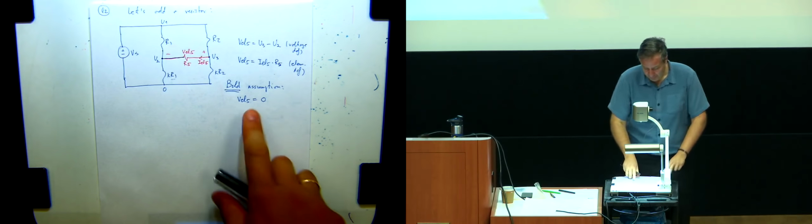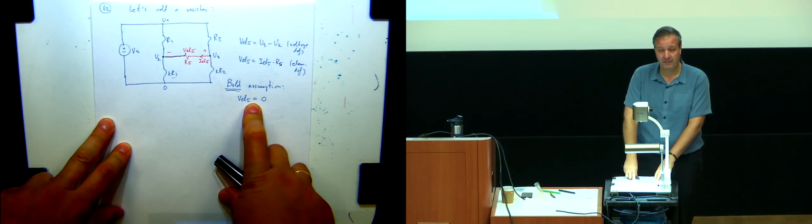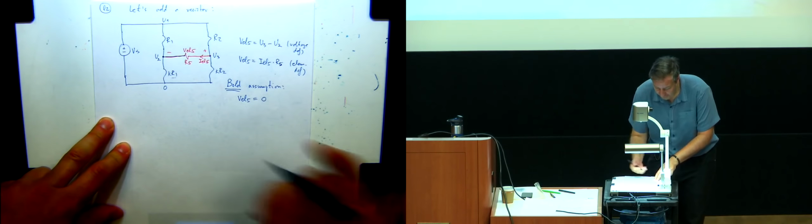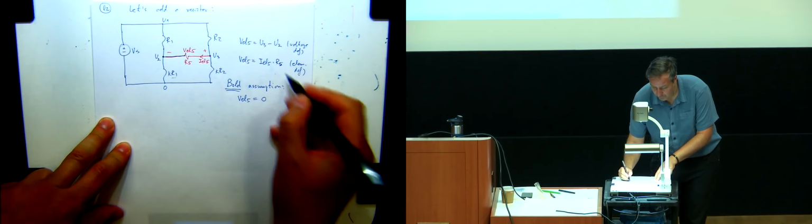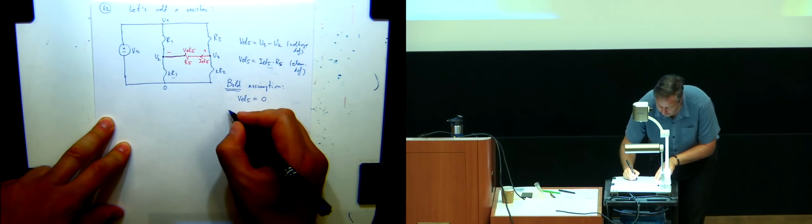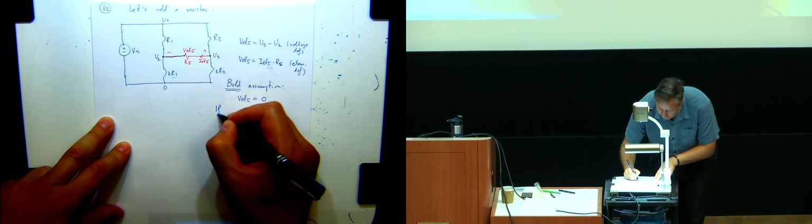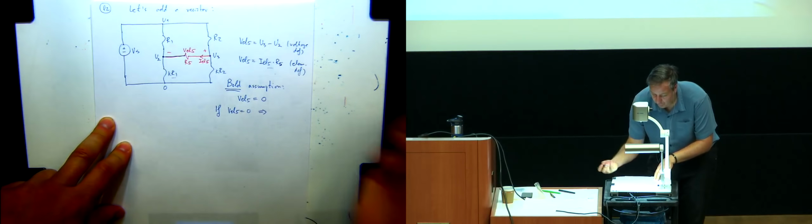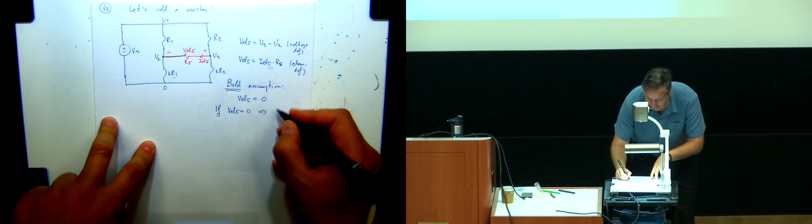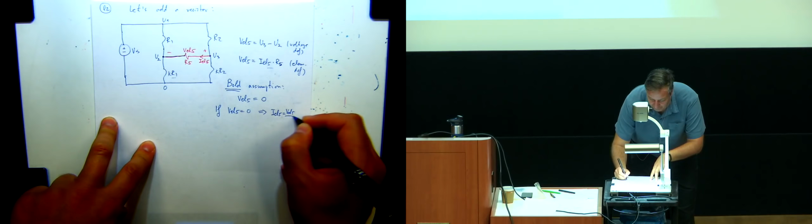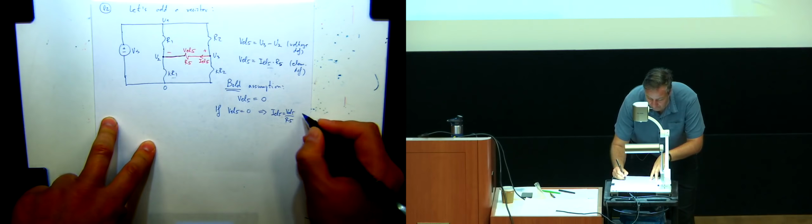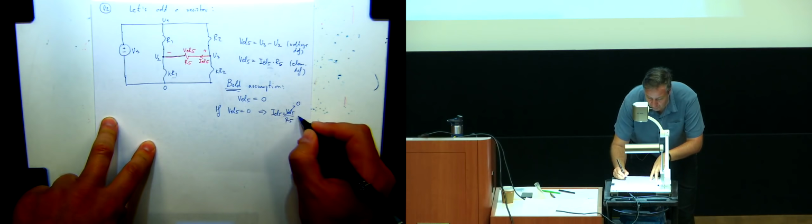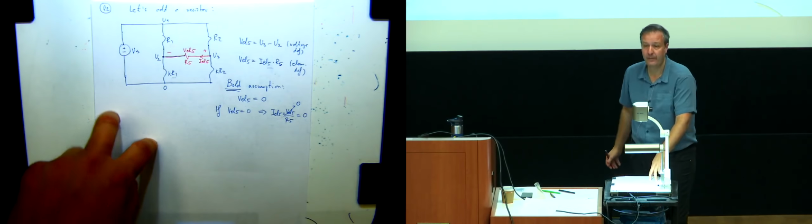So, if I assume this is correct, then let's use it back in this equation here. If V element 5 equals 0, then what follows from the element equation? I have that I element 5 is V element 5 over R5, and if this goes to 0, then this is 0.